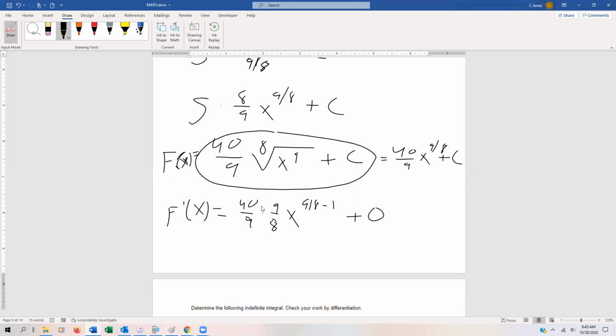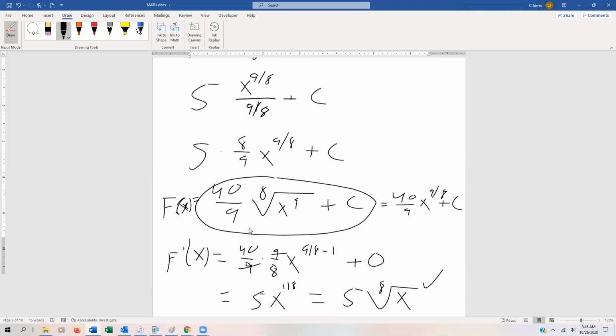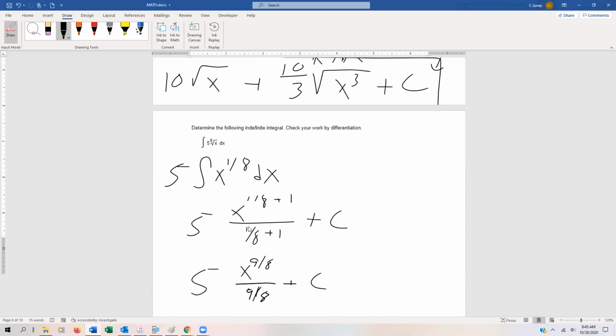In the numerator, that just becomes 360. In the denominator, that's 72. So 360 over 72 works out to be 5. If you don't believe me, just use your calculator, or you could just say the 9's cancel and 40 over 8 is 5. We get 5x to the 1/8, which can be written as 5 times the 8th root of x. And that's exactly what we were looking for, because if we go all the way back, we have 5 times the 8th root of x.